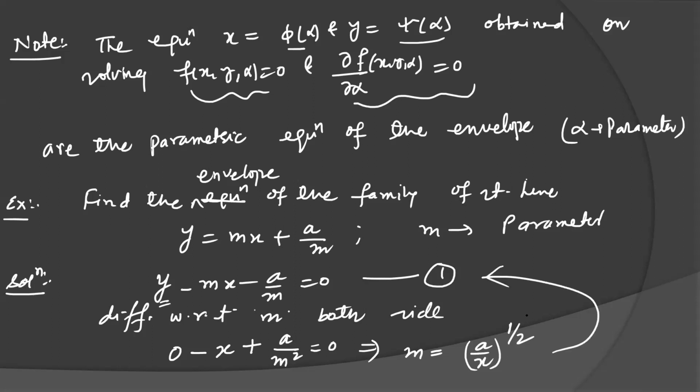Now put this value in. This is your equation 2, and from 2 we got the value of m, and now we are substituting in equation 1. Your y will be equal to x into m, means x into (a by x) to the power 1 by 2, plus a into a by m, so that will be (x by a) to the power 1 by 2.